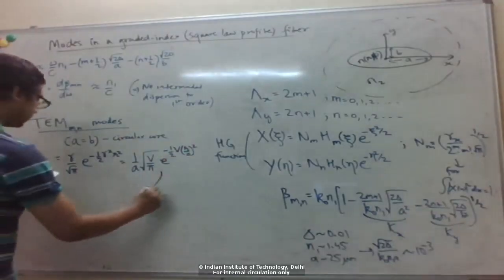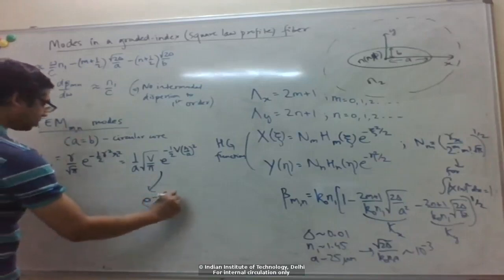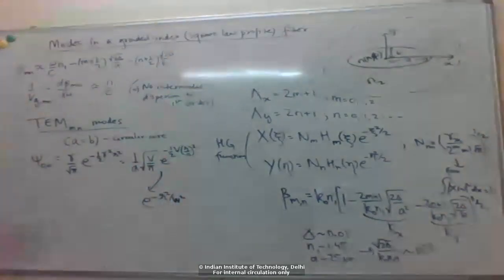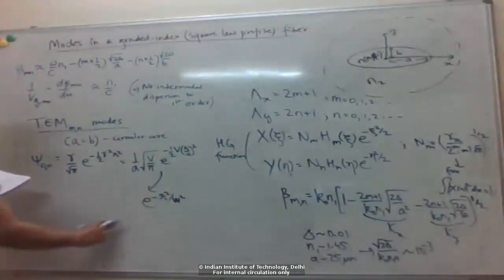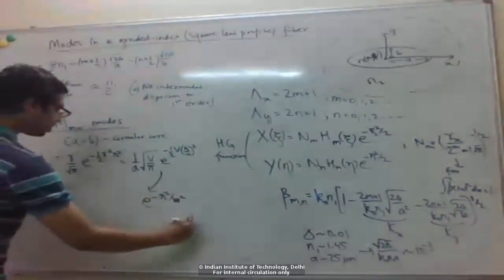For example, I can write this as e to the minus r squared by w squared, where w is the spot size.